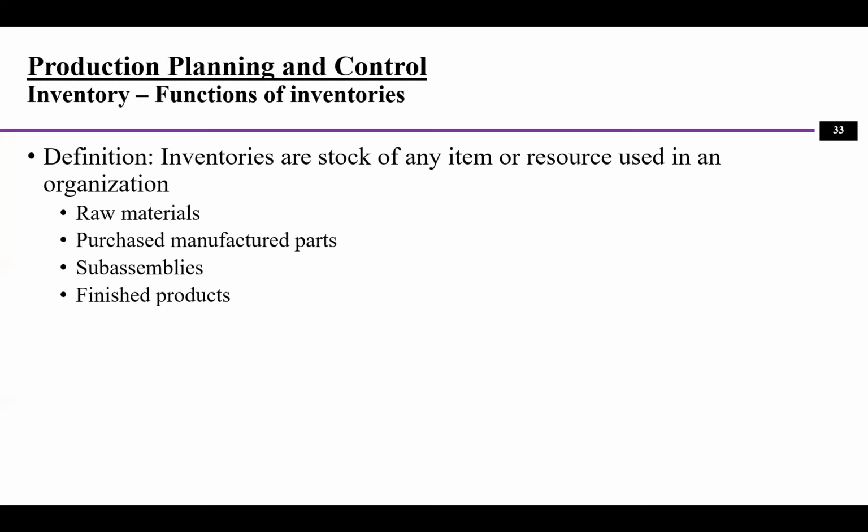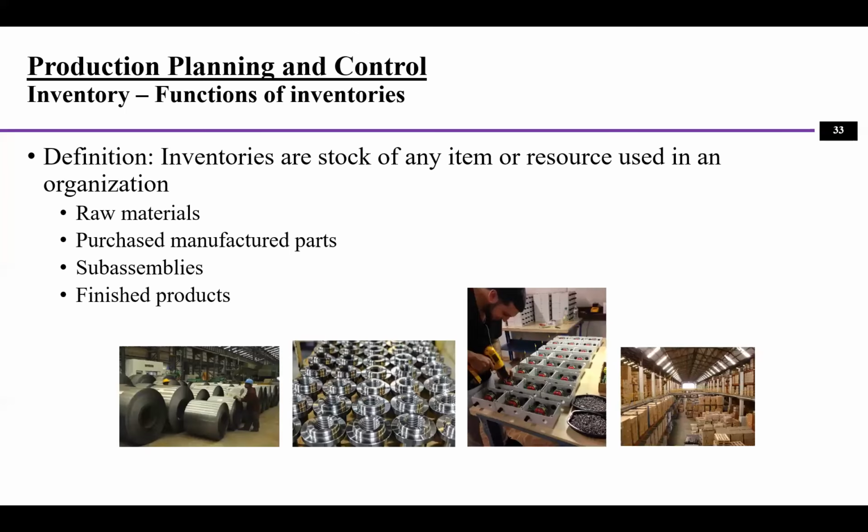But it does not mean that we never want inventory, because some inventories can actually help make the process more smooth. So think about a production line where some processes are experiencing a lot of delays.